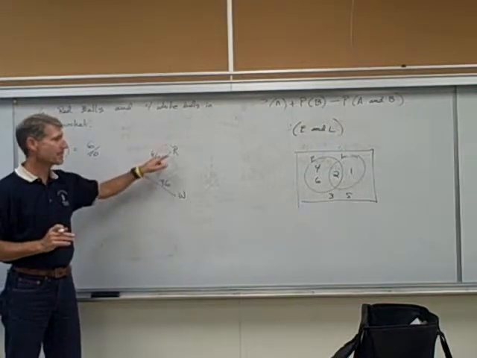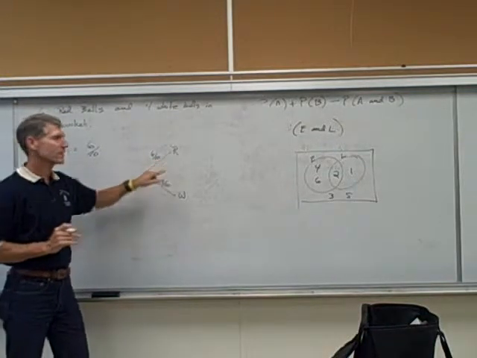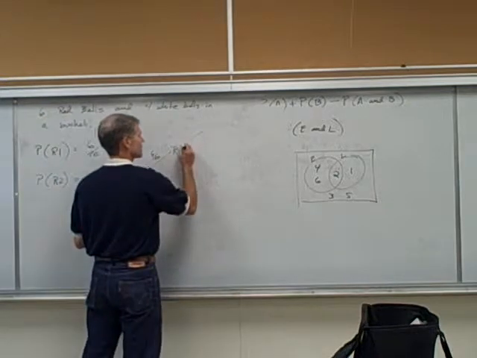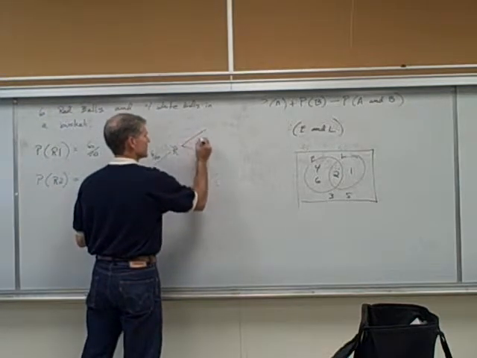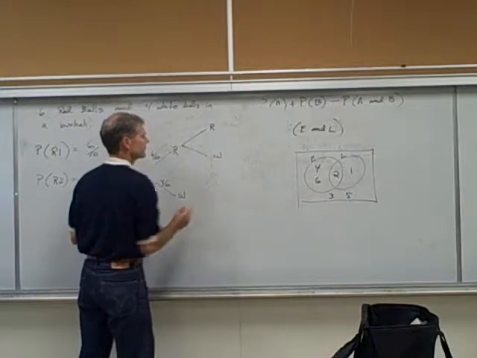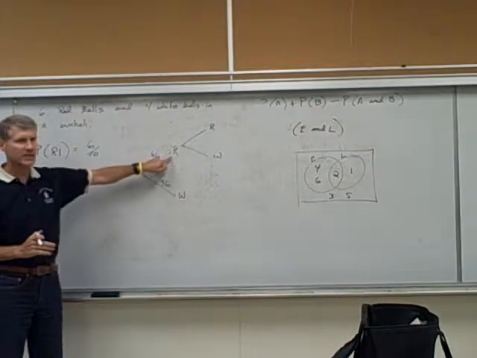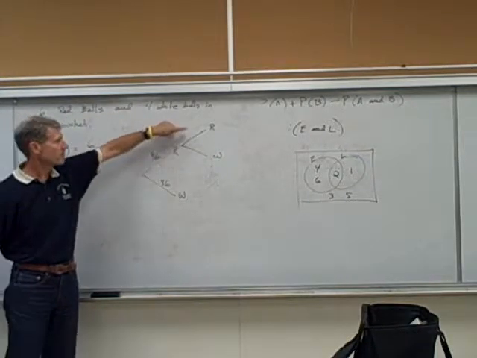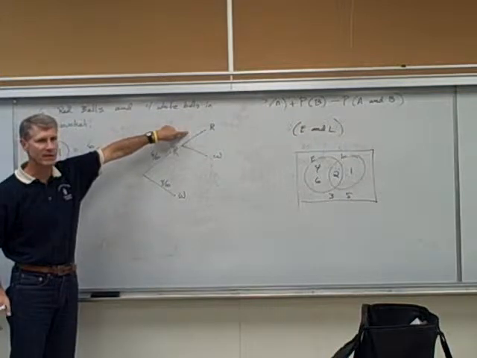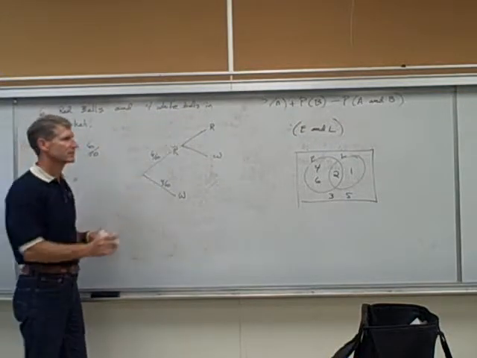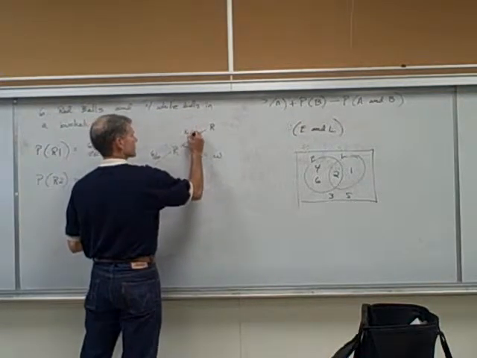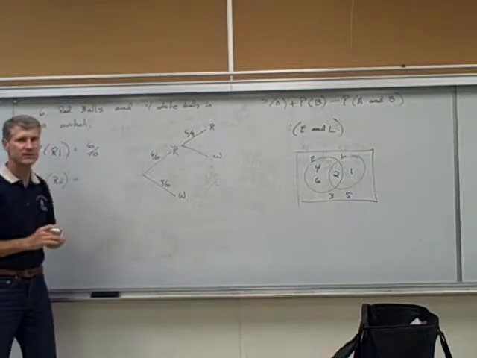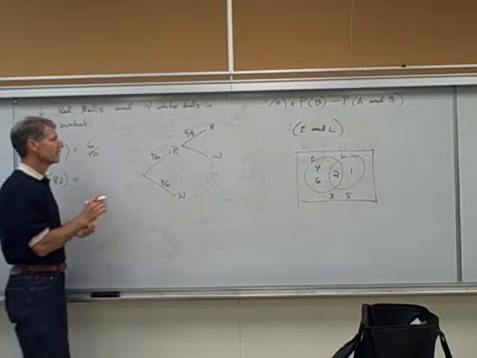But if it happened to be a red one, then when Amy drew, it could be red or white. And if she got a red one, then what's the probability that Amy also got a red one? 5/9. There's only 5 red ones left out of a total of 9 that are left.